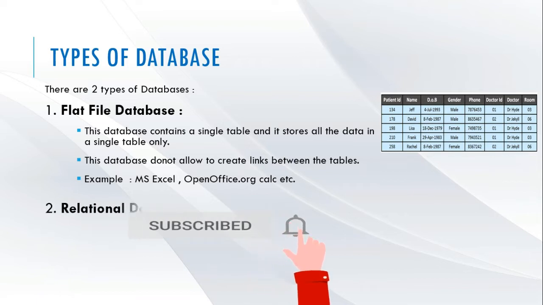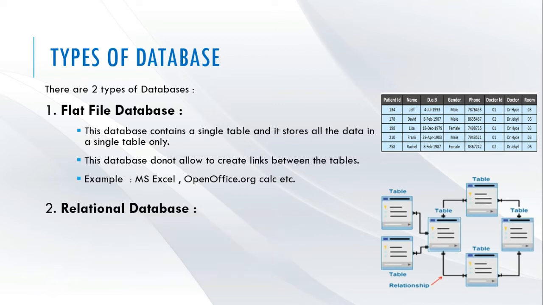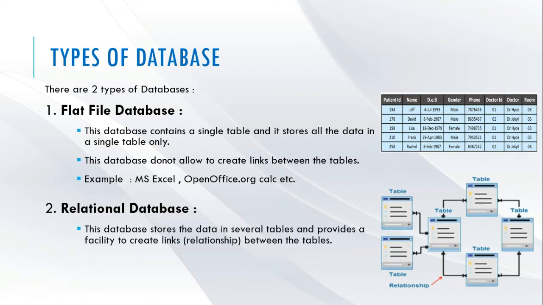The second type of database is a relational database. You can see in this picture, instead of storing all the data in a single table, there are several tables, and in those several tables, data are stored. So this relational database stores the data in several tables and provides a facility to create a links, that is the relationship between the tables.